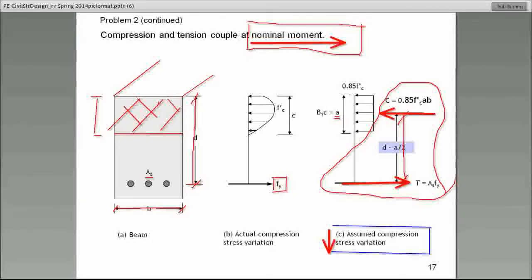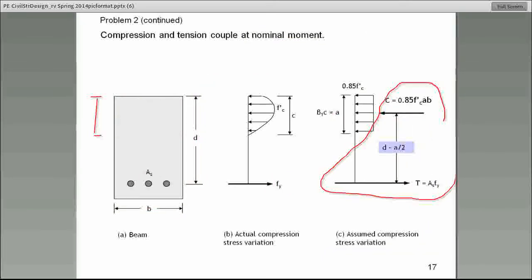Let me see if I can get rid of some of these red lines. All right, well, I got rid of some of it. Okay, here's what I want you to take a look at, please. This lowercase a is equal to beta 1 times c.